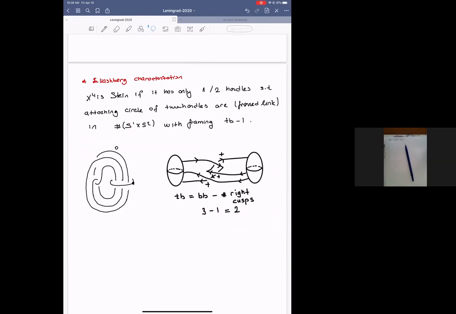So that is the example of a cork, which is called a fruit cork. That's a constructible manifold. There's a boundary diffeomorphism which doesn't extend inside as a diffeomorphism but as a homeomorphism.